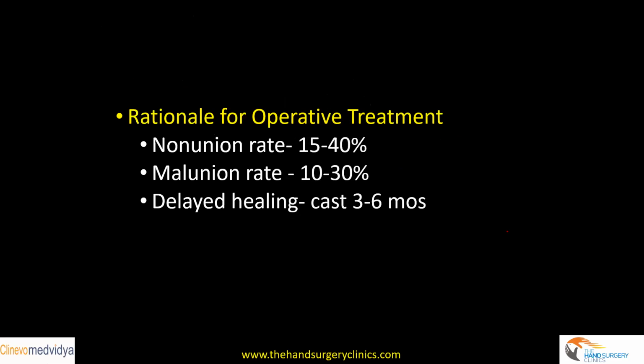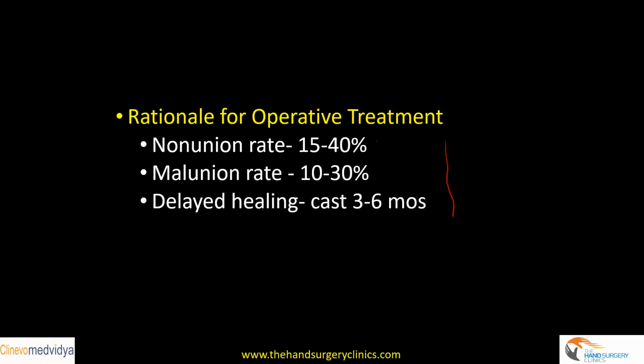So what is the rationale for operative treatment? Why are we so finicky about scaphoid fractures? Why are we so aggressive about scaphoid fractures? Our thought in advising aggressive treatment comes from these figures out here.